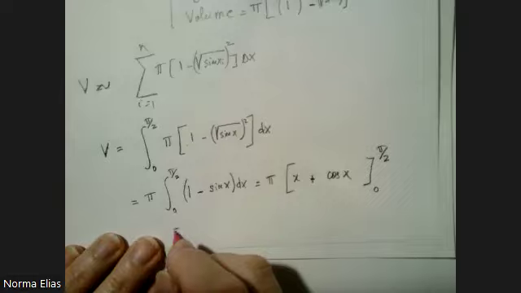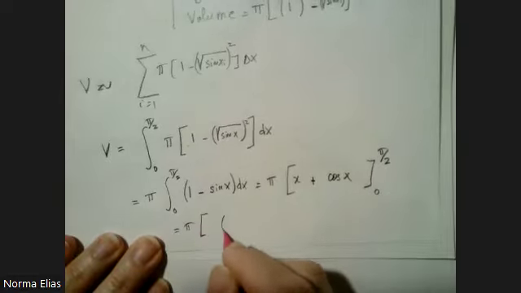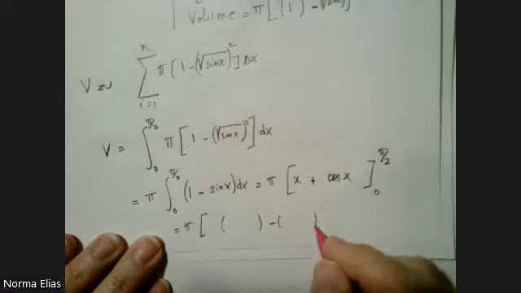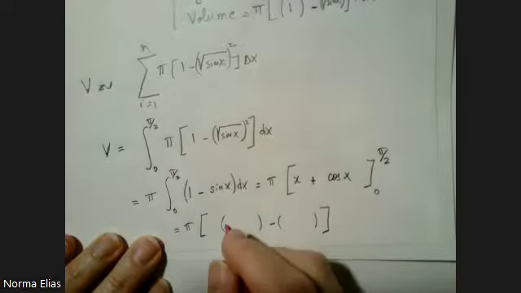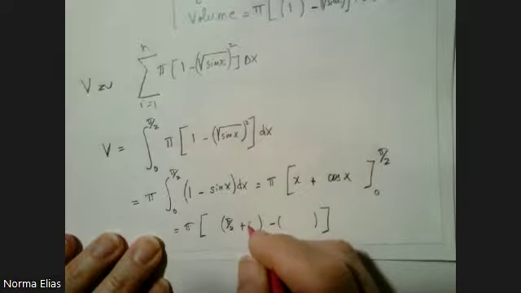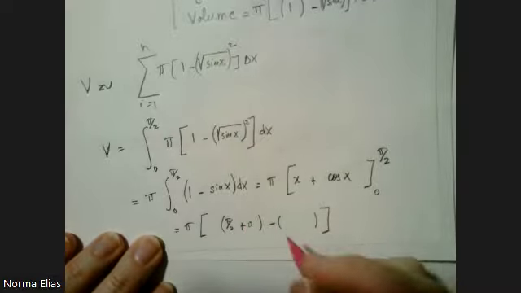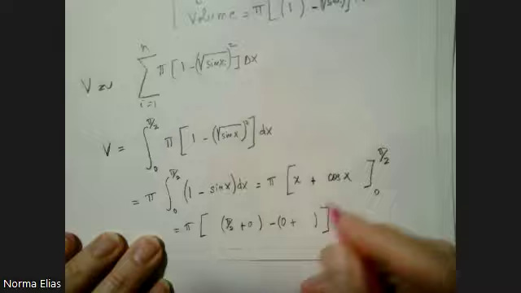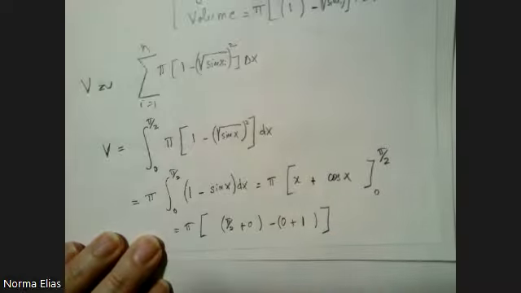So it's equal to pi times upper minus lower. At the upper, I will have pi over 2 plus cosine pi over 2, which is 0. At the lower, I have 0 plus cosine 0, which is 1.